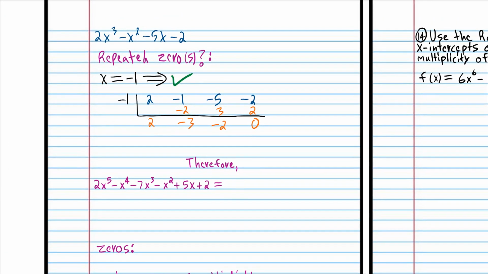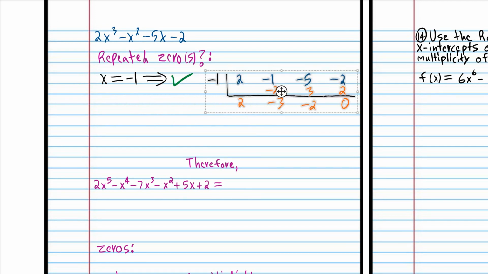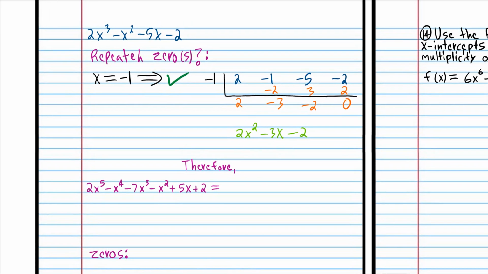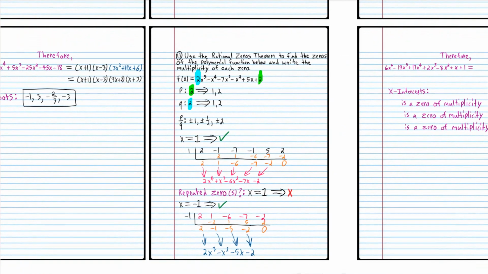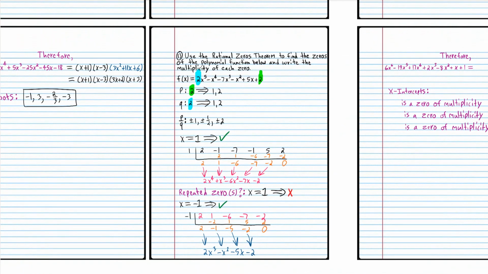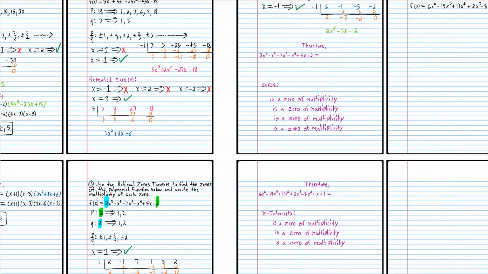And I'm going to throw this over here so we have more room. So now our depressed polynomial is going to be a degree 1 less than what we had in the previous step. So therefore, our original polynomial, we found that 1 worked and -1 worked twice.